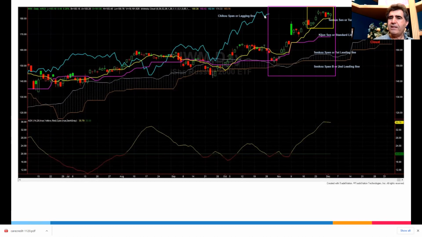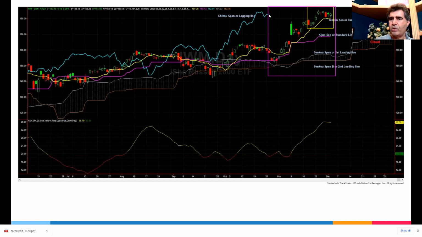Now, this line is called the lagging line. The reason is that whatever today's closing price is, which is December 2nd, it takes that closing price 26 bars back. Because it's daily, we go back 26 trading days. You can see it's exactly the same place.